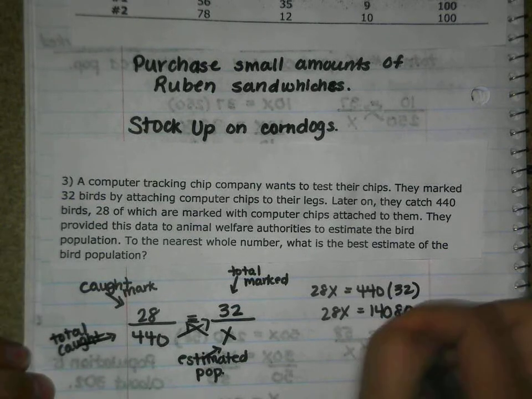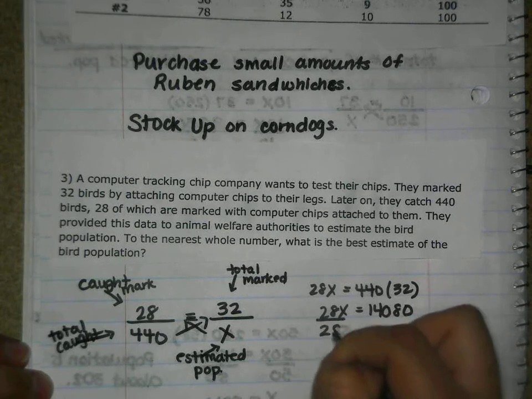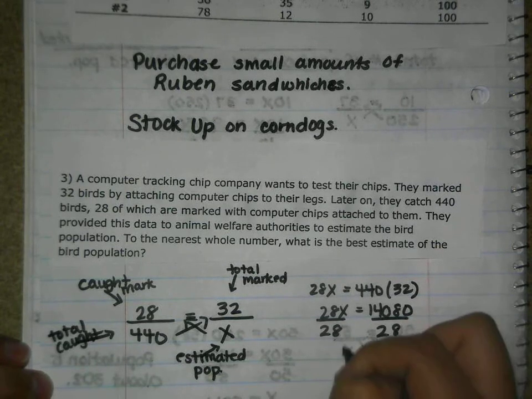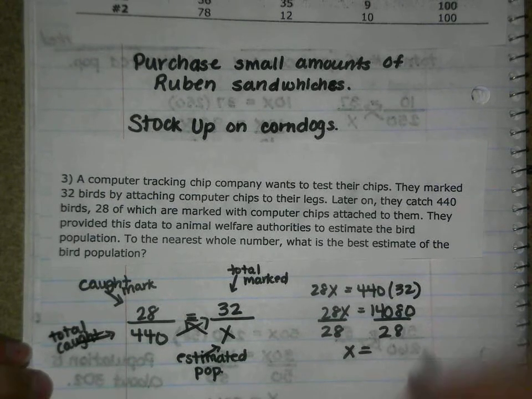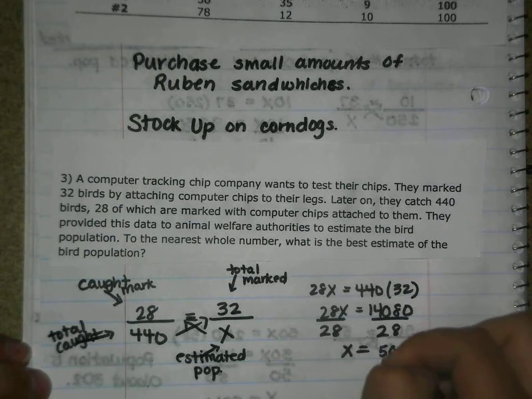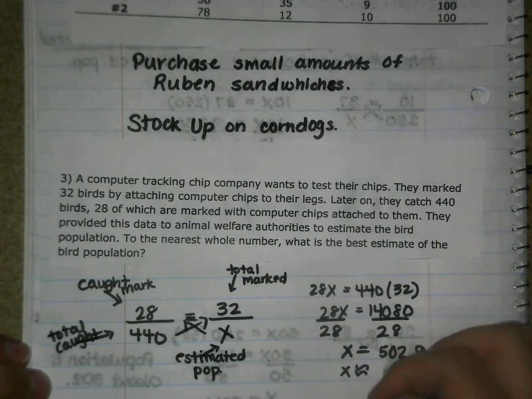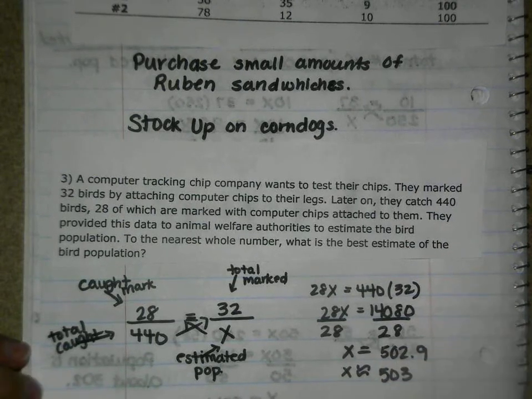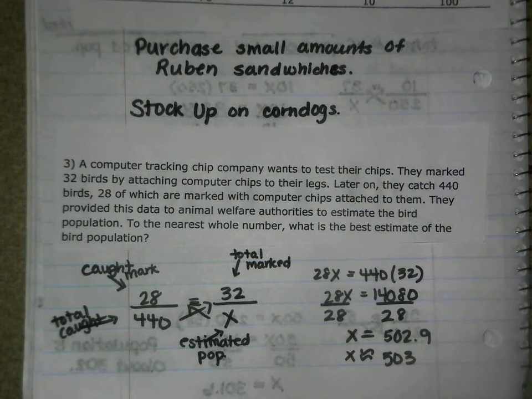To isolate the x and find the estimated population, we divide both sides by 28 and get x is equal to 502.9. So x is approximately 503, because we're going to round to the nearest whole number.